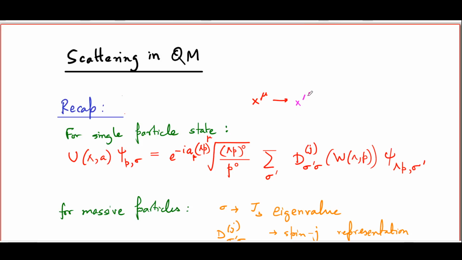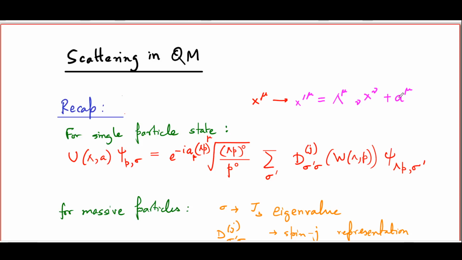So x mu goes over to x prime mu. These are the space-time coordinates measured by the two observers. And x prime mu is given by this Lorentz transformation, lambda mu nu x nu, sum over nu of course implied, followed by a translation plus a mu.